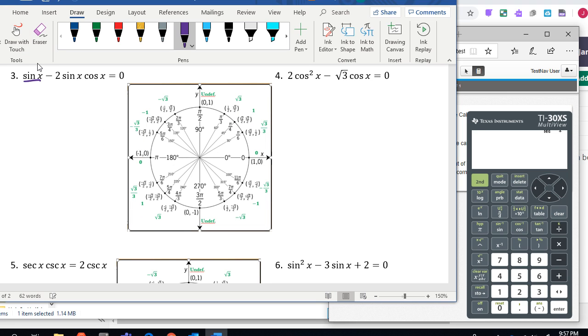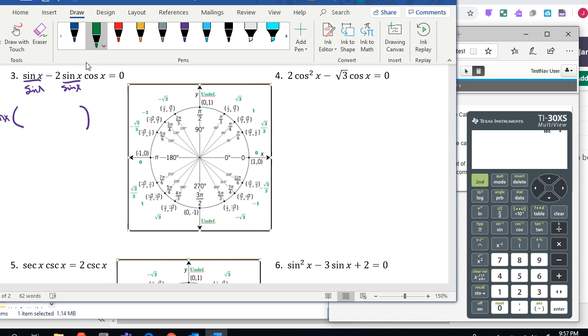This one, I have a GCF of sine x. Now, you can think of the GCF as dividing it out, and then what's left is, when I pull it out in front, it's going to look like this.